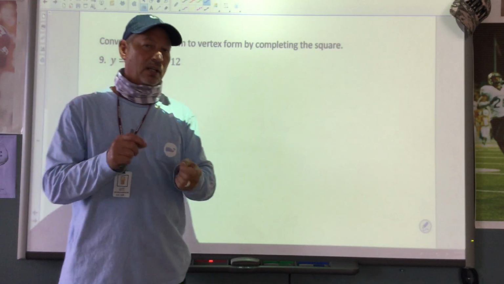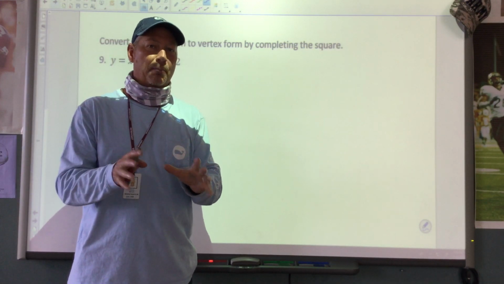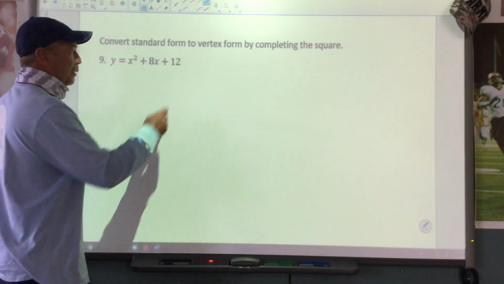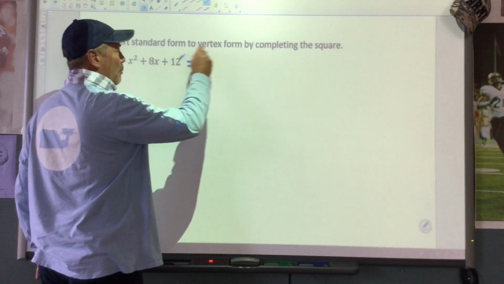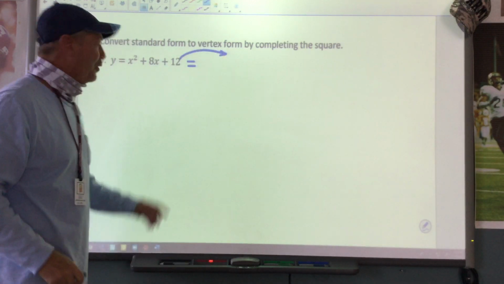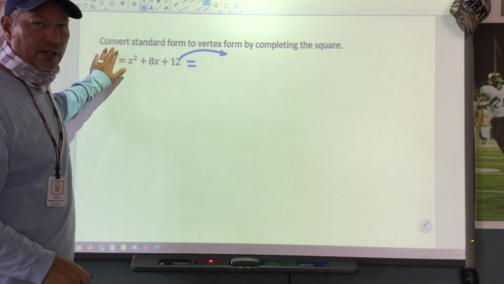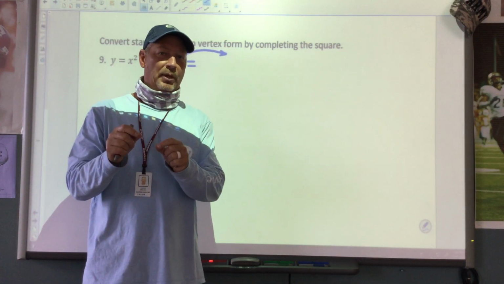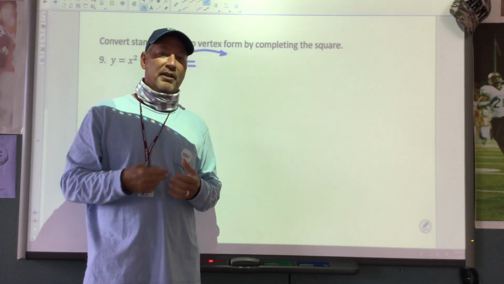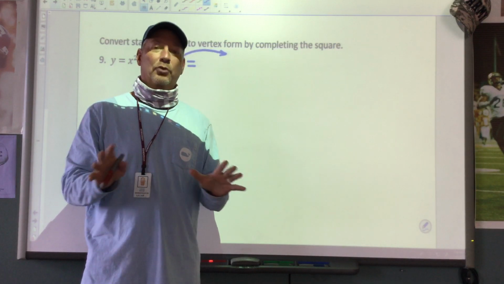Now we're going to do something a little unorthodox, but we're going to create a blank. We're going to put an equal sign here, and we're going to move the 12. I know that you already have an equal sign in the front. I'm going to ask you to ignore that for just a little bit, and then we're going to put it back there at the end. Trust me, this will help.